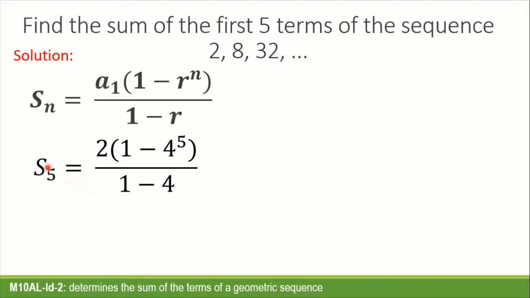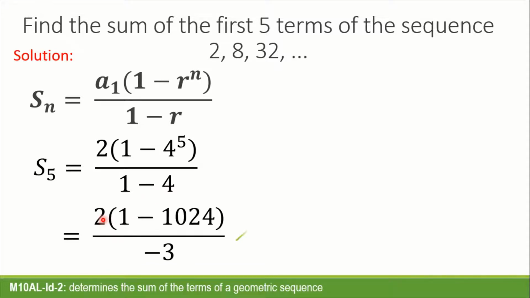So, meron tayong S sub 5, or the sum of the first 5 terms, is equal to A sub 1 ay 2, times quantity 1, given na siya dun sa formula, minus ang r natin kanina ay 4, raised to the 5th power, all over 1 minus the common ratio of 4. And then, simplify natin.